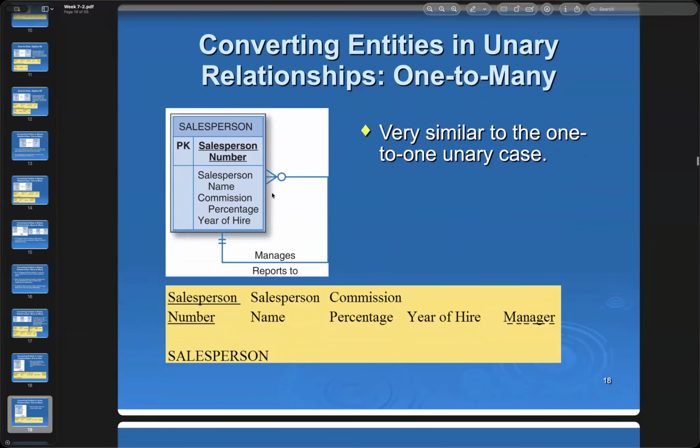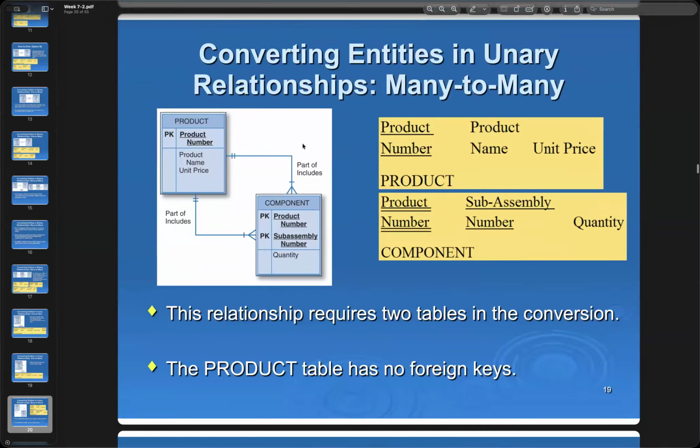Okay, and then one manager manages many employees. This makes sense as a condition, but you cannot interpret it the other way and say one salesperson reports to many managers. That seems not accurate in the business model, and that's how it looks.